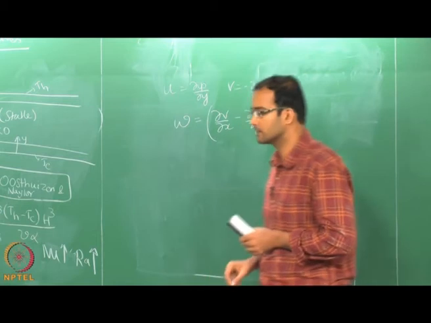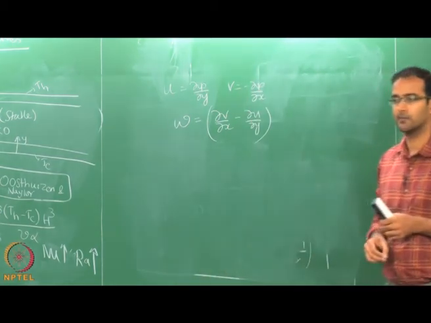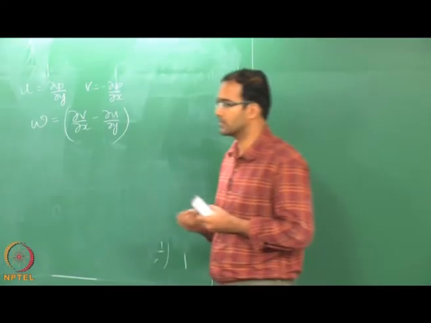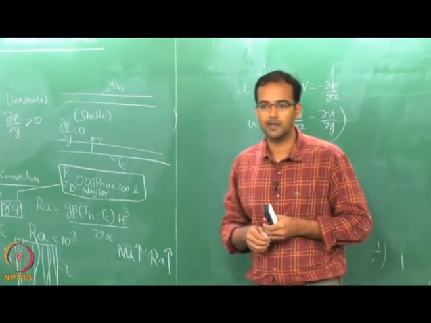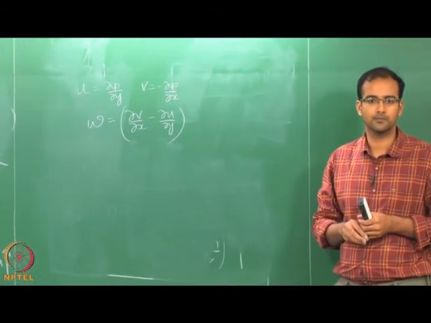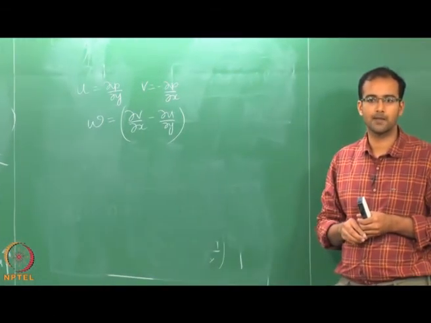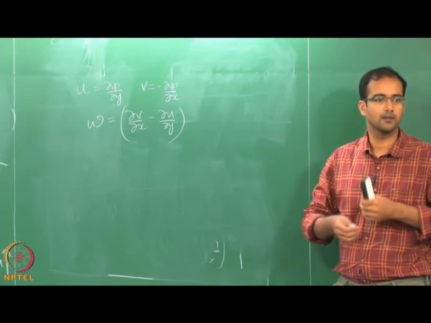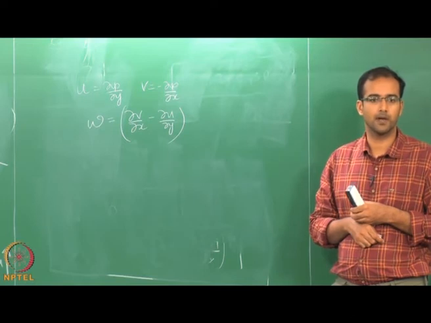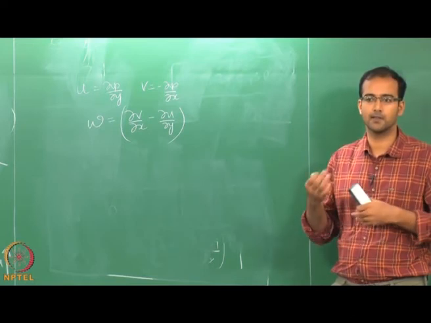The Navier-Stokes equations, both the x and y momentum, are then rewritten. We do some manipulation there, for example we take the derivative of the x momentum with respect to y and the y momentum with respect to x, and then we subtract.